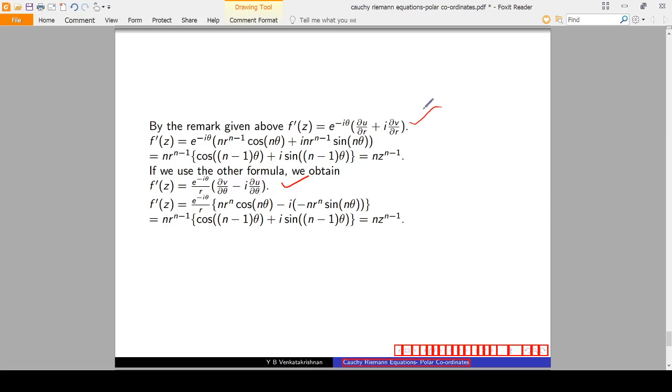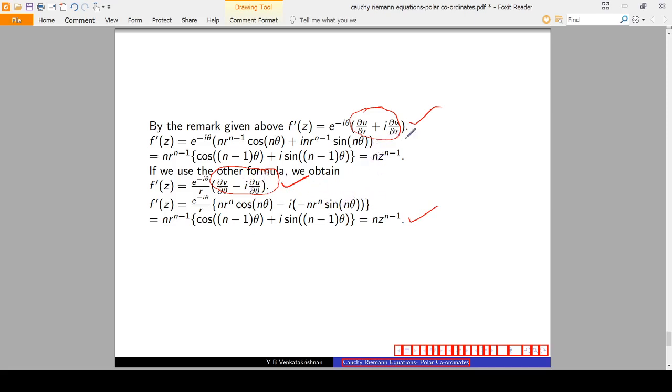Here you can see that this is entirely in terms of partial derivatives with respect to r, and here this is entirely in terms of partial derivatives with respect to theta. Upon simplification, I get n z power n minus 1 by using the values of ∂v/∂θ and ∂u/∂θ.